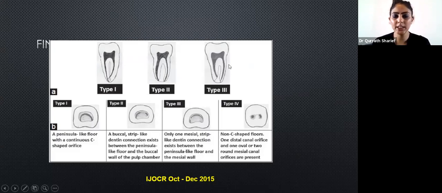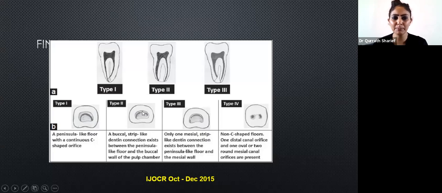If you see in type 3, there is one independent canal. The second canal is in close proximity to the independent canal, and there is a narrow web separating these 2 canals. Now, if you see the cross section, they normally say it's peninsula-like. Okay, cross section, the floor. It normally appears like this. It can be uninterrupted or interrupted.